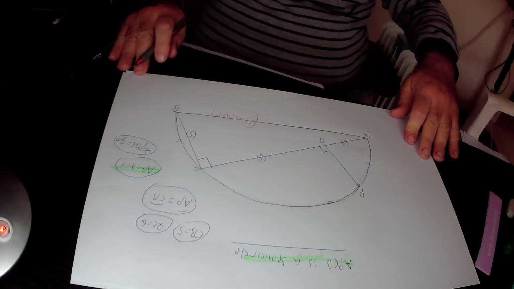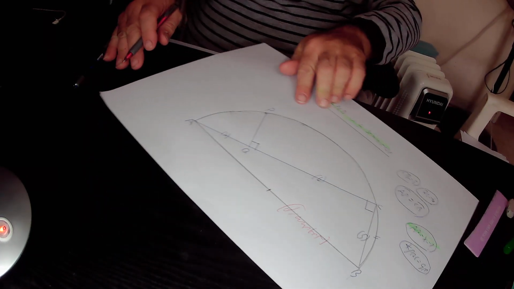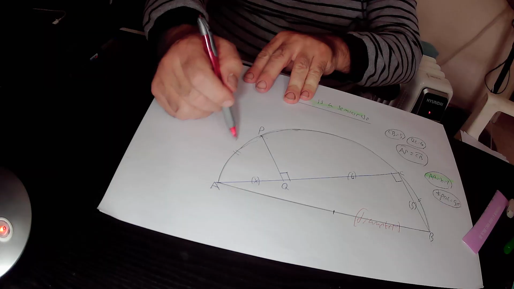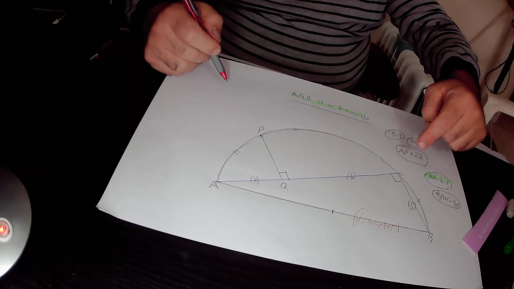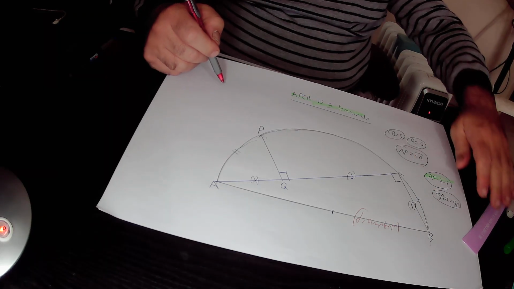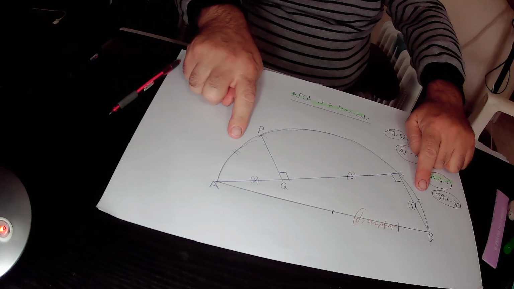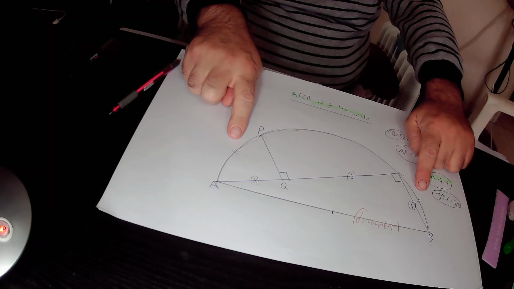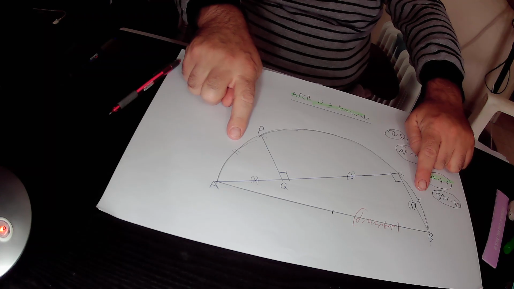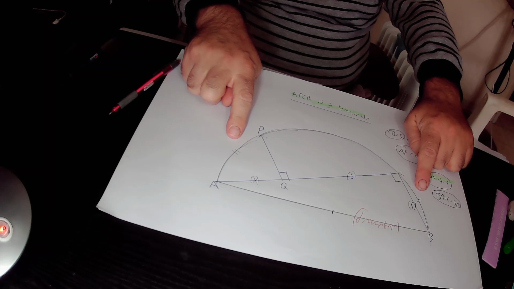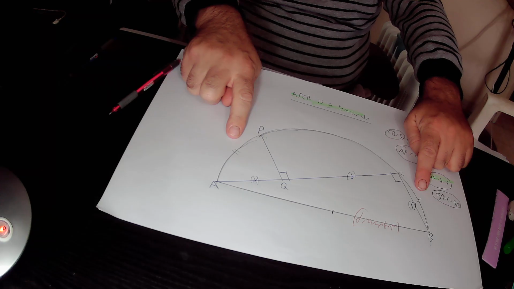It is given in the question that this arc AP is equal to this arc CB in its length. And because those two arcs are equal to each other in their lengths, their corresponding chords must also be equal to each other in their lengths.